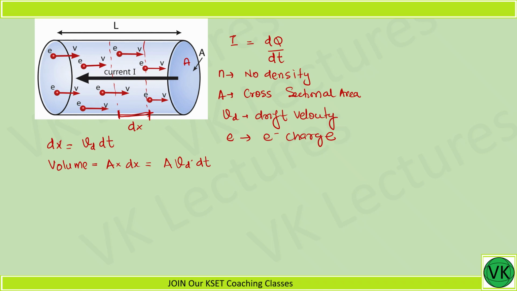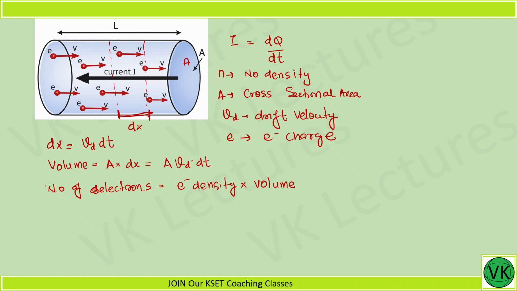Now we have to calculate the number of electrons. Number of electrons is equal to electron density into volume. Electron density into volume will give you number of electrons, because electron density is number of electrons per unit volume.